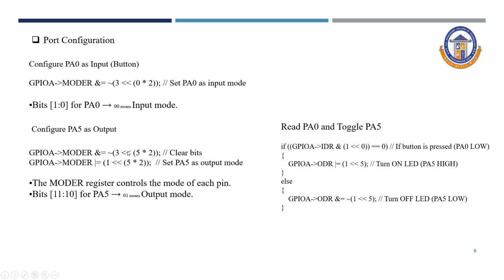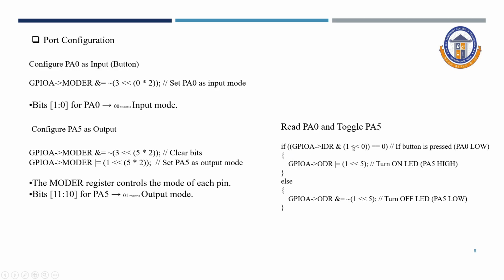The left shift symbol is nothing but shifting to the required position, right? The MODER register controls the mode of each pin, right? For port A0, 0 means input mode and 01 means output mode. The right side of the slide gives a small program for toggling port A0 and port A5.